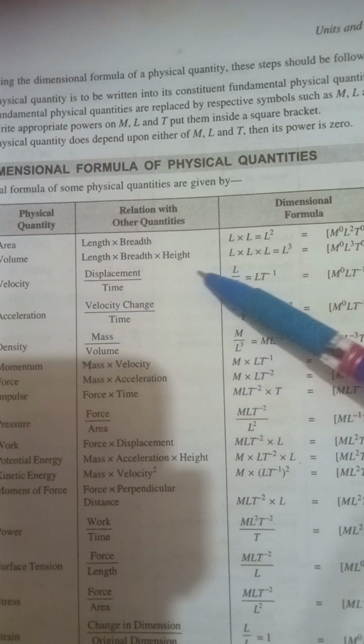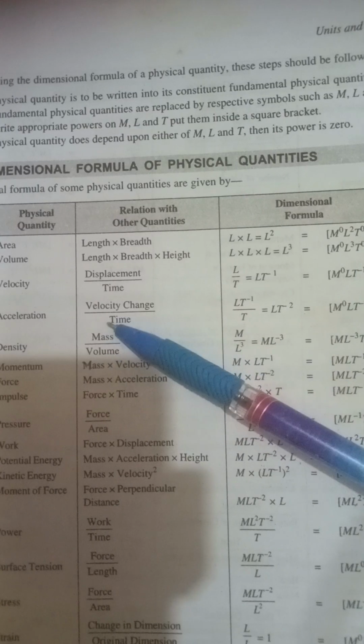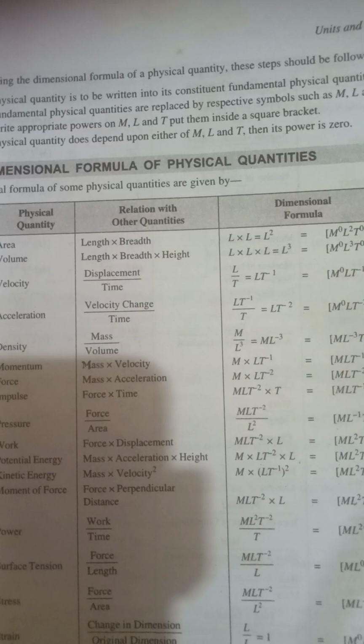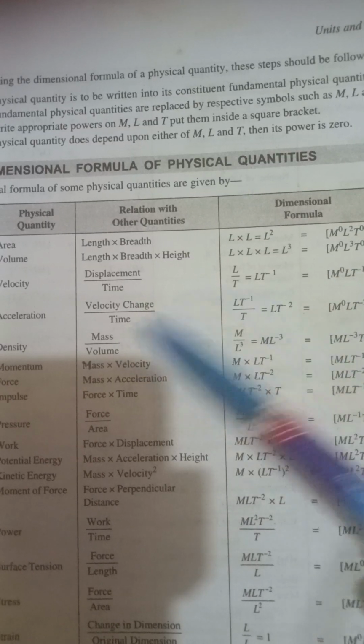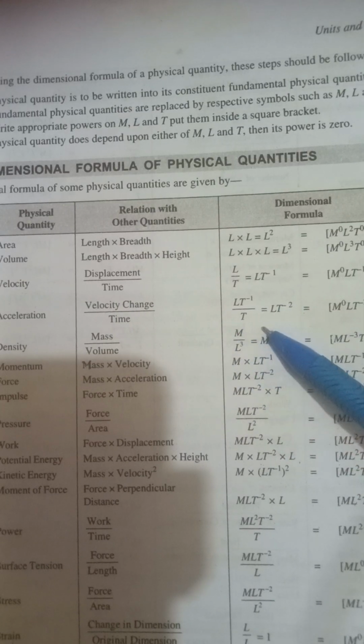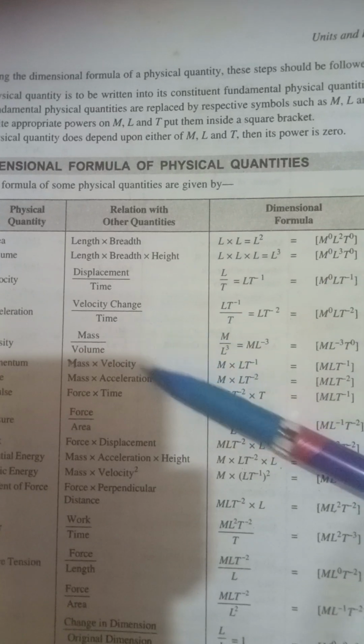Volume is length into breadth into height, L into L into L, L cube, M to the power 0, L cube, T to the power 0, meter cube. Velocity is displacement upon time, L upon T, L T inverse, M to the power 0, L T inverse, meter per second. Acceleration is velocity change upon time, L T inverse upon T, L T inverse 2, M to the power 0, L T inverse 2, meter per second square.